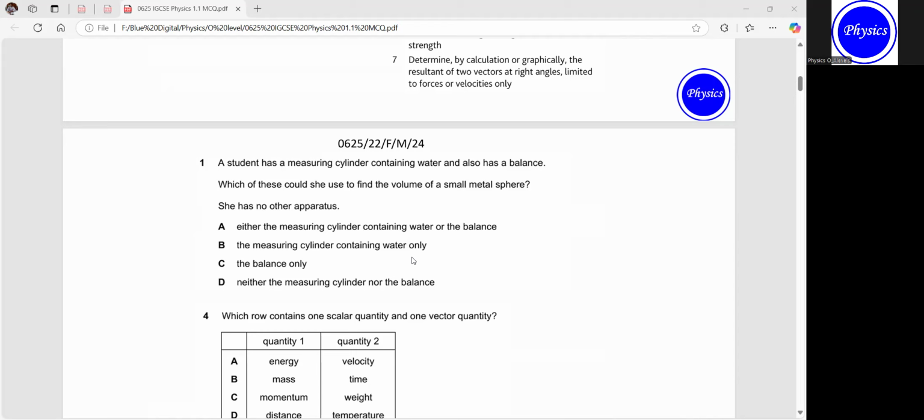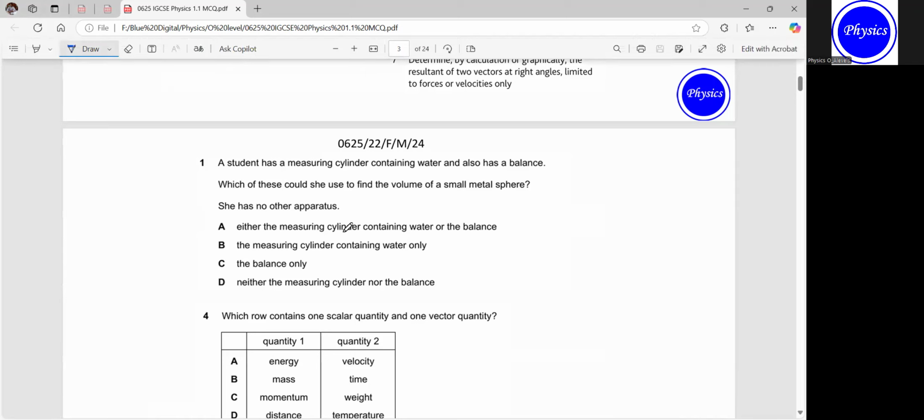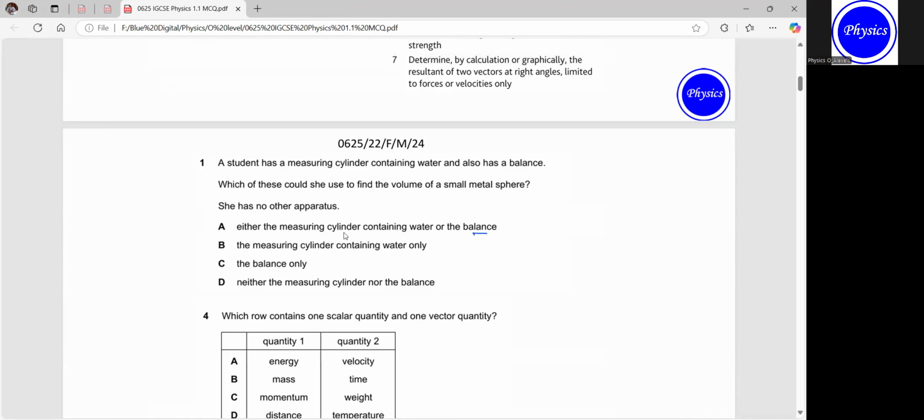To find the volume, we don't need the balance. We only need the measuring cylinder containing water. The balance is only to measure the mass. Neither of the... no, this is also wrong. So this is correct, but this is not needed.